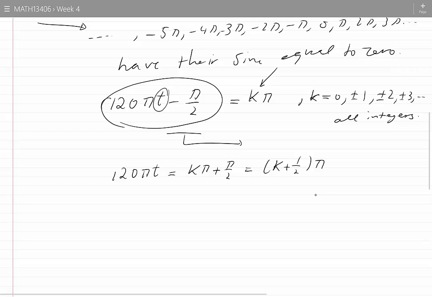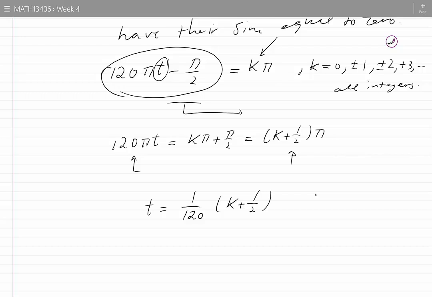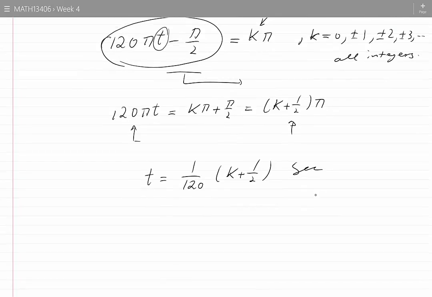Now I can divide both sides of the equation by pi and then by 120, and I would get t is equal to 1 by 120 times (k plus 1/2) seconds, if in the original question time was given in seconds, which is usually the case. And for any value of k which belongs to the integers, this expression gives us one of the solutions for the equation.